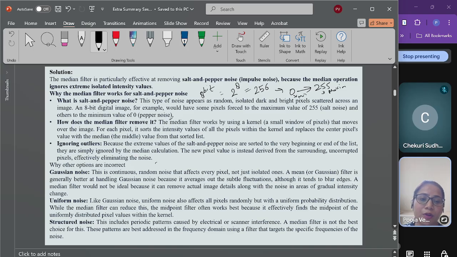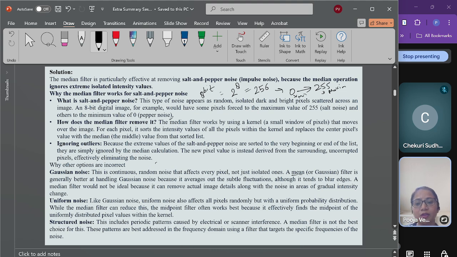So when we use the mean or average filter to remove Gaussian noise, there is a blurring effect in the image. A median filter would not be ideal because it removes actual image details along with the noise in areas where intensity changes gradually.